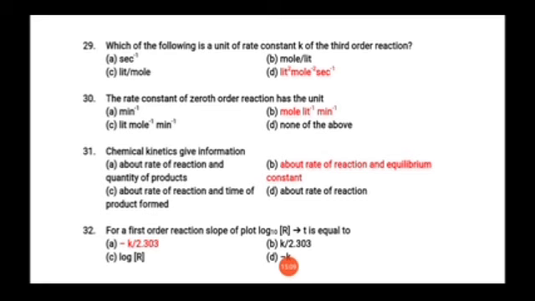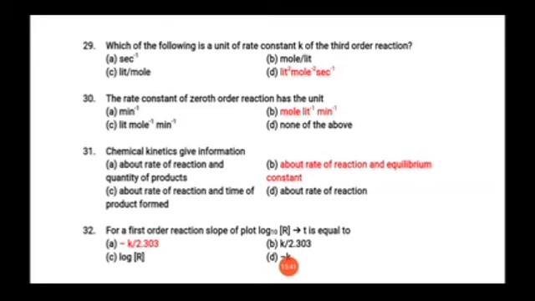So 1 minus 3 is minus 2, so mole per liter raised to minus 2. If you have to make the power positive, reverse it. So it is liter per mole whole squared into second inverse. The correct option is liter square into mole raised to minus 2 into second inverse, option D.